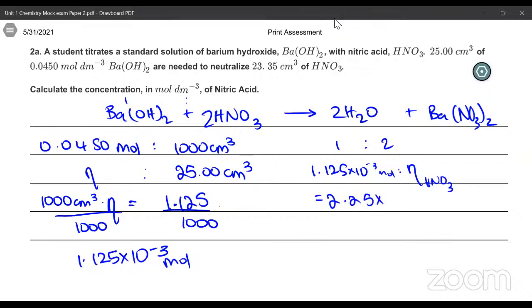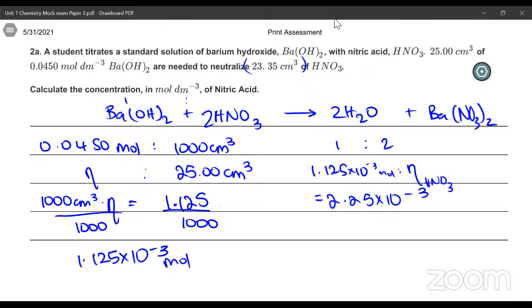Now we know how many moles of nitric acid was used. Now we need to know the volume in order to calculate the concentration. We're told that it neutralized 23.35 cm³ of nitric acid, but they want the answer in moles per dm³.